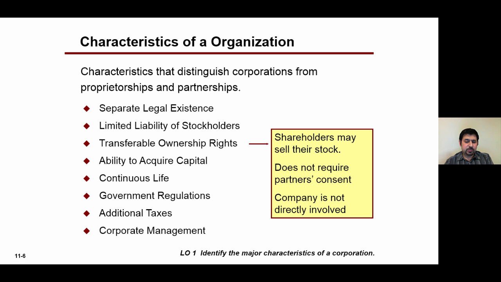For example, with partnerships, the consent of all the partners is required in order to sell your part of the company. Whereas with corporations, a shareholder can sell their stocks without consulting the other owners.